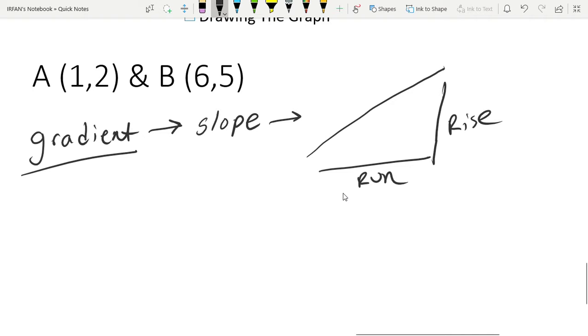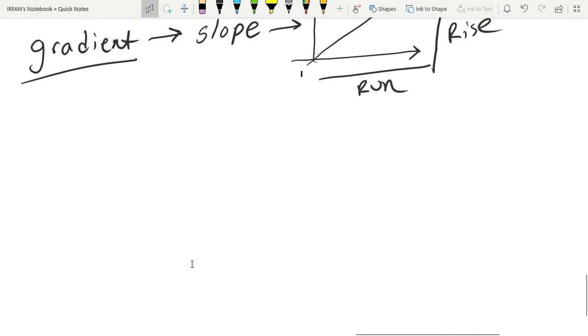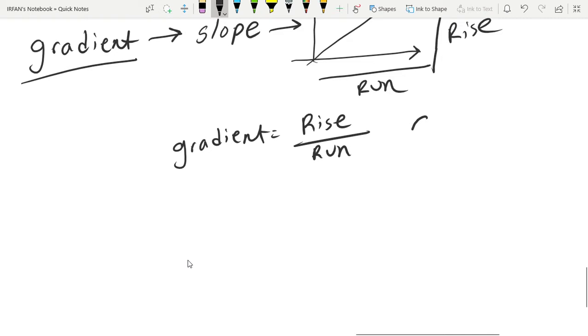When you are running, we are going this way, but when we are rising, we are going this way. So this is run and this is rise. We can write it like this: gradient equals rise divided by run.